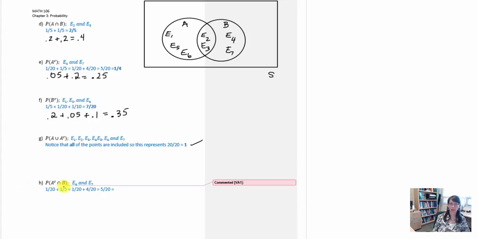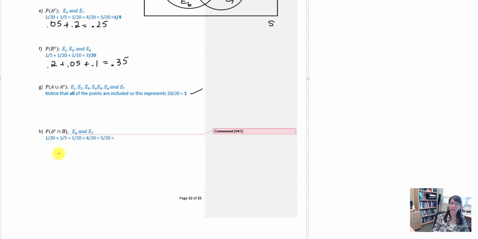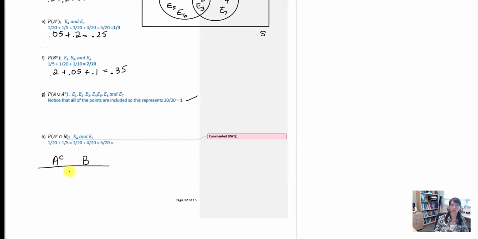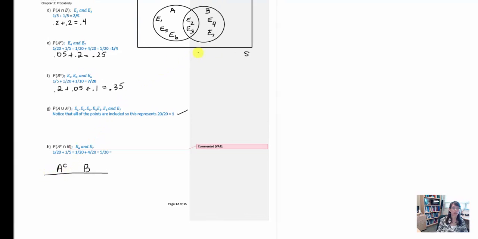Finally, for part H, we want the probability of the complement of A intersecting with event B. You might find it helpful to list everything that is the complement of A, and then list every point that is in B, and then we'll compare. So the complement of A would be E4 and E7. All of the points in event B: E2, 3, 4, and 7.